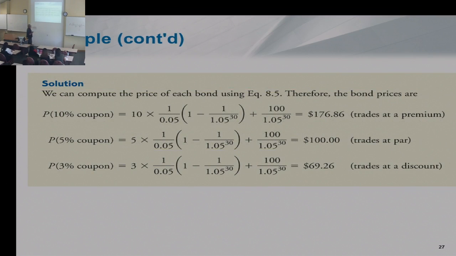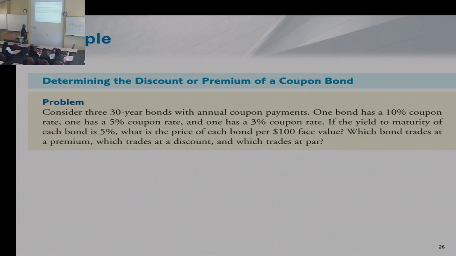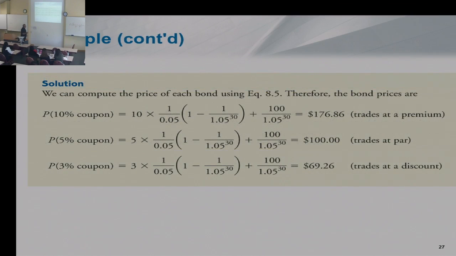These are annual coupon payments, 30-year life. So 30 payments of 10, or 30 payments of 5, or 30 payments of 3. You get the face value back in year 30 anyway, and the required yield is 5%.